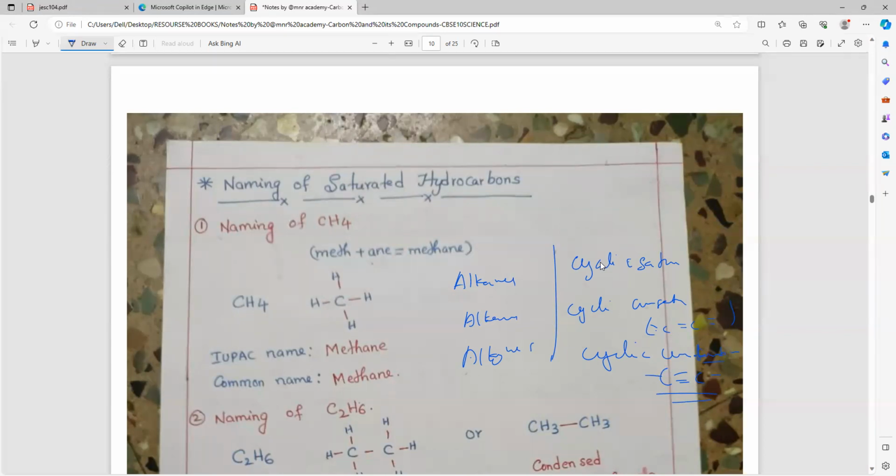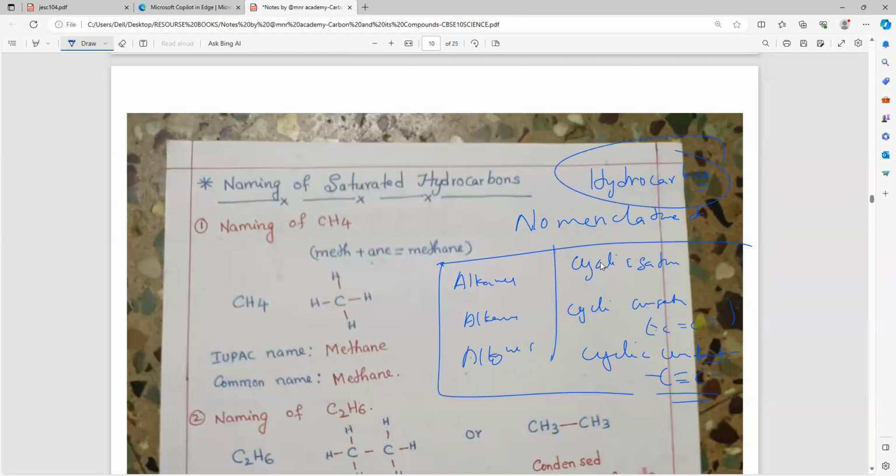Till here you complete it, then in tomorrow's class we are going to study the next most important concept, the nomenclature of hydrocarbons, means naming the compounds.